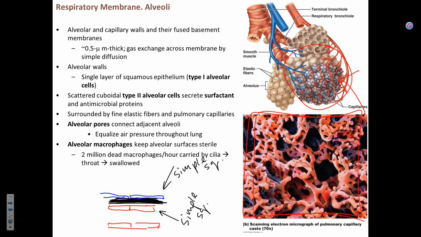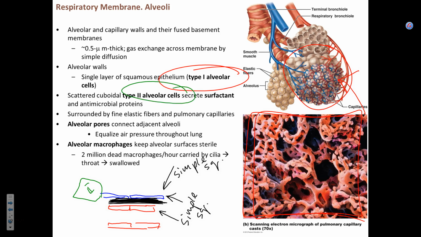So, those epithelial cells, simple squamous cells that make up the majority of the alveolar wall, are called type 1 alveolar cells. Along with type 1 alveolar cells, you're going to find cuboidal type 2 alveolar cells.